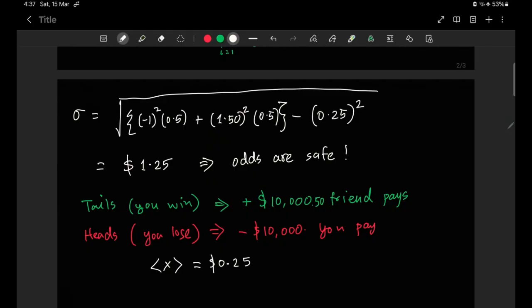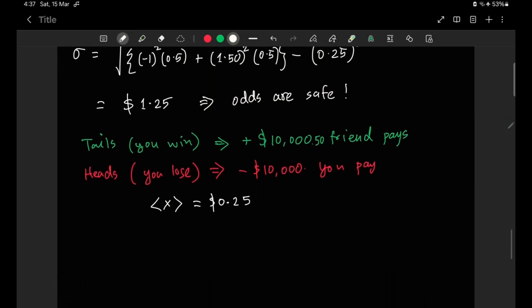So if you were to now calculate the standard deviation in your outcomes, X, it is now not only 1.25 like it was before, but rather it's $10,000.25.